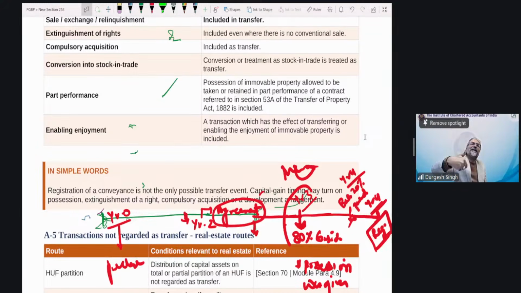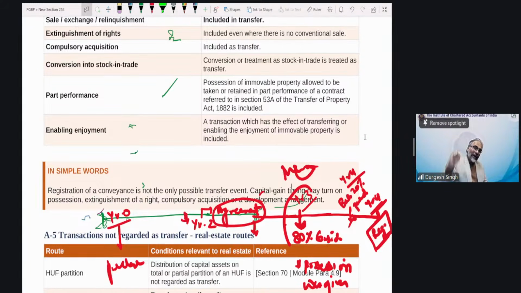Where you are exiting, you are having your capital asset and you are transferring it. So capital gain is not for the deemed owner. Deemed owner is meant for those heads where you are holding the asset, and because you are holding the asset, you are liable for assessment. Which head is that? House property.